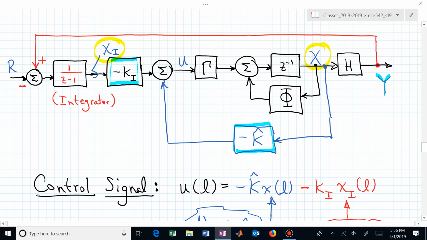Here's our error signal E. We integrate that error and scale that integrated error with k sub I and use that in combination with the full state feedback minus k hat x to drive our system. If we can now stabilize the system by the selection of k sub I and k hat, then we can track signals without any error.